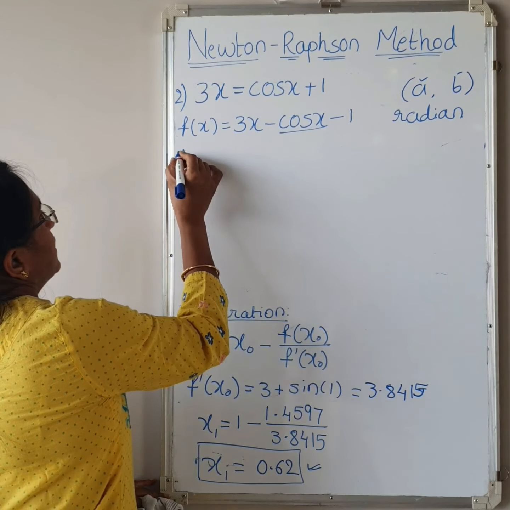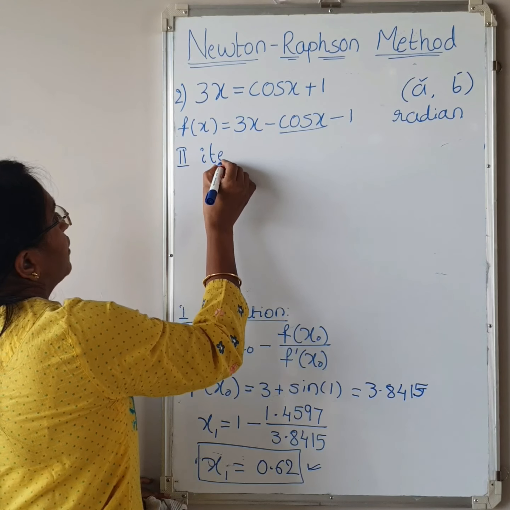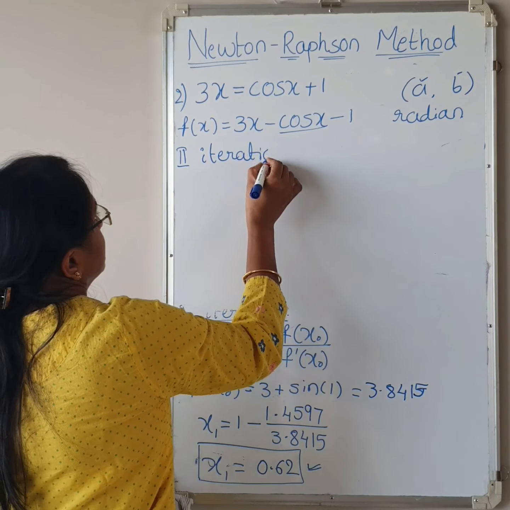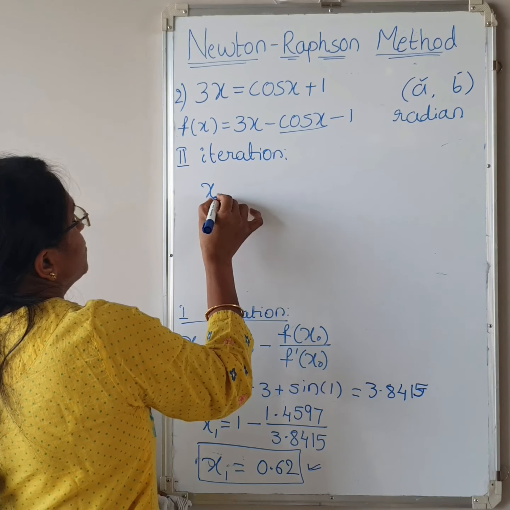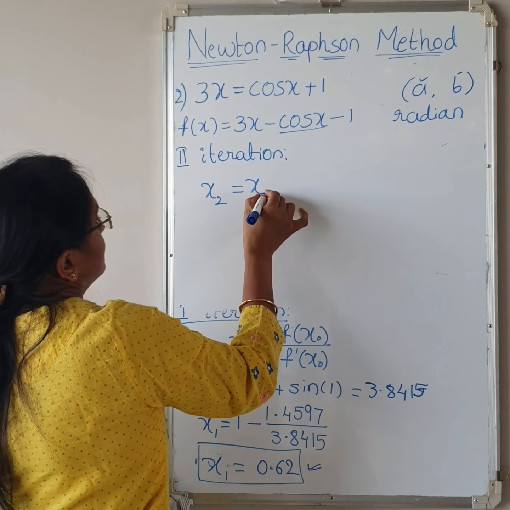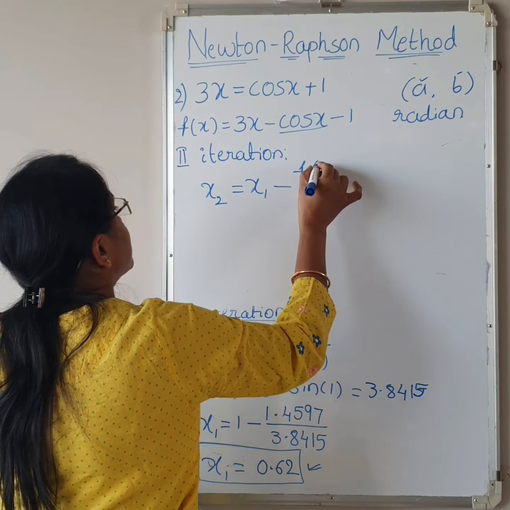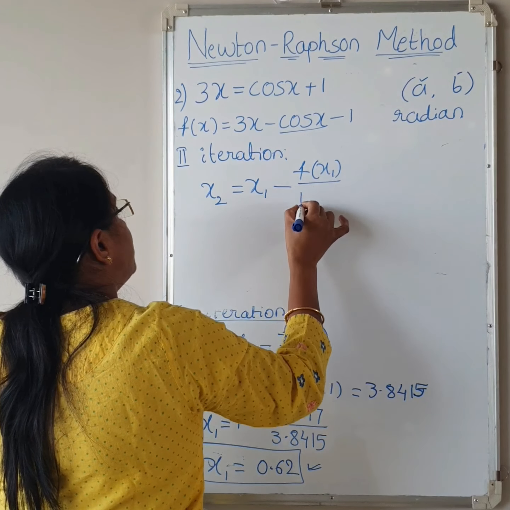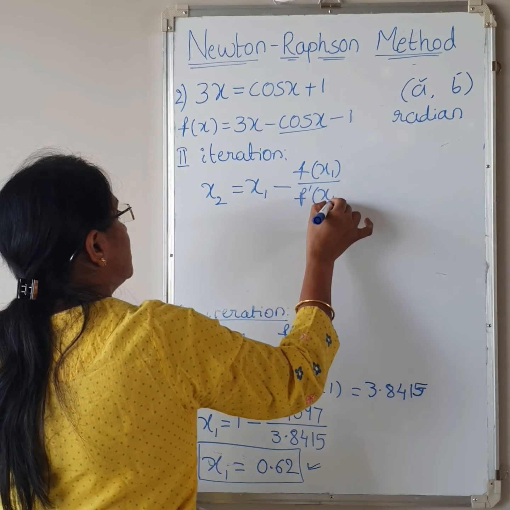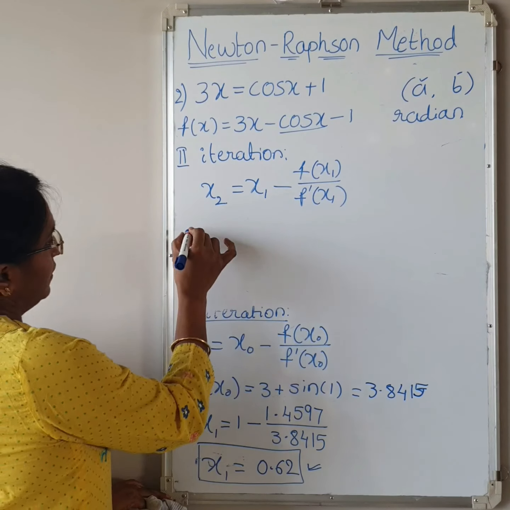Before taking the second iteration, write down the formula. Formula is x2 is equal to x1 minus f of x1 by f dash x1. So f of x1 we will find out.